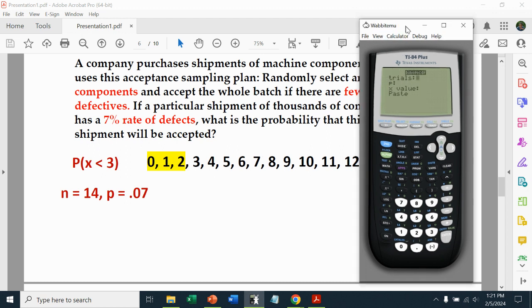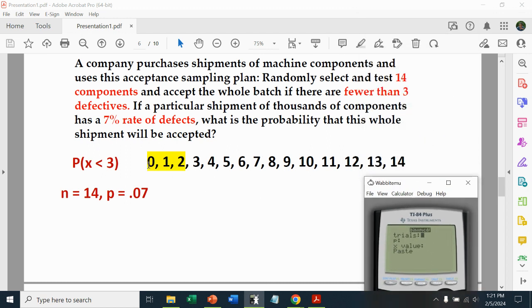All right, it's going to start at 0 and stop when I tell it to stop adding probabilities. All right, CDF always begins with 0 successes. All right, and it stops adding when I tell it to stop. I want to add a probability of 0 with a probability of 1 and a probability of 2 and stop that. All right, stop at 2.